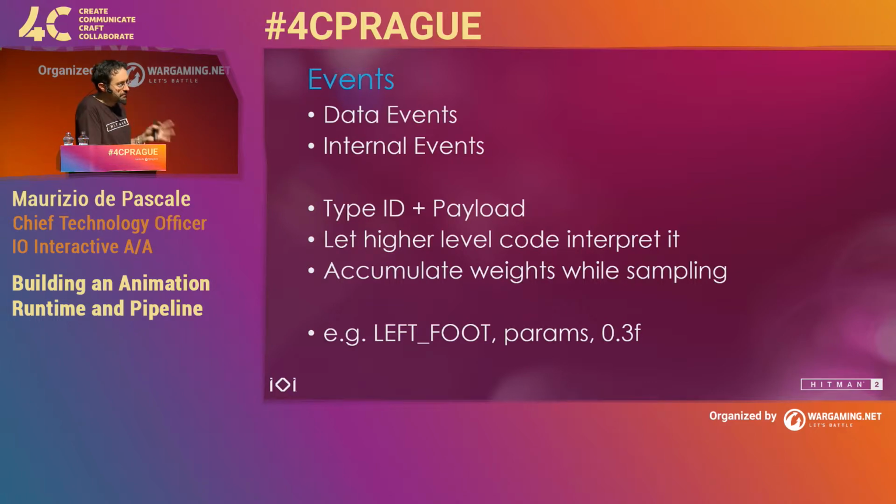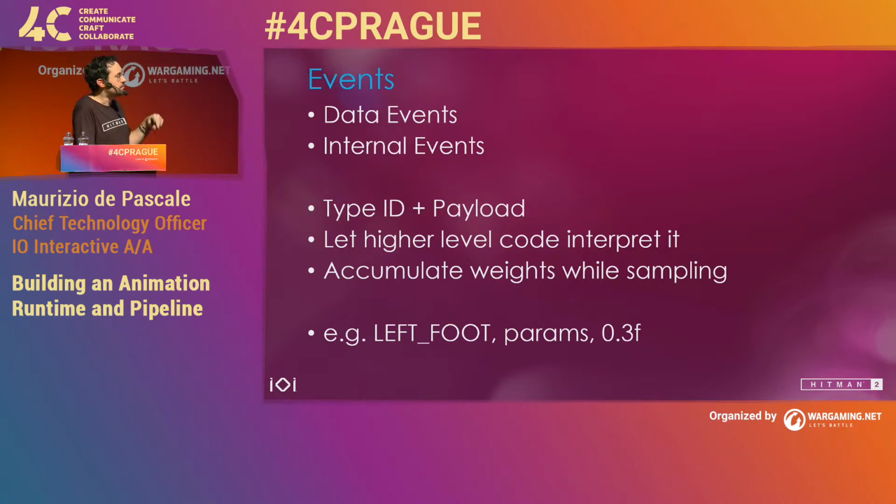So events: you have your animation data, character moving, and you want to mark specific frames as having an additional meaning, right? Left footstep, right footstep, begin attaching, some gameplay object that needs to be spawned, and so forth. We handle both events that are coming from the data, but also the system itself is raising events while it's being executed.